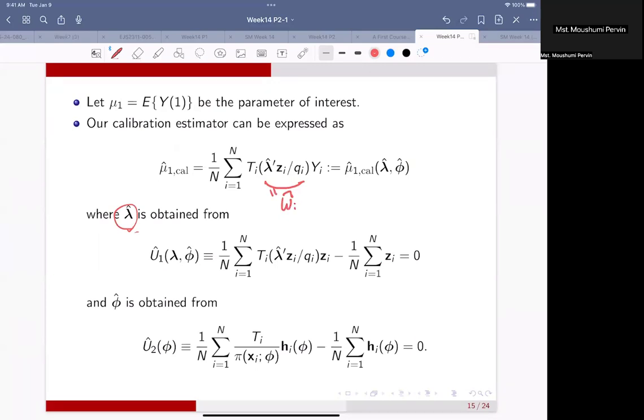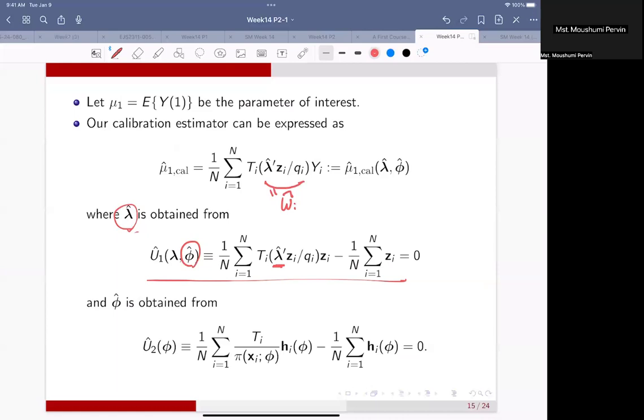And this lambda hat is a solution to an estimating equation, but C is a function of phi hat. So there's another nuisance parameter, which is phi hat. So we have two nuisance parameters, lambda and phi. And then it's kind of a nested structure. I mean, not nested. So lambda can be computed given phi hat.